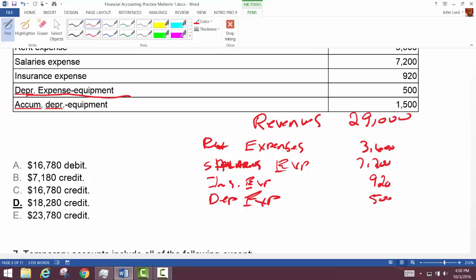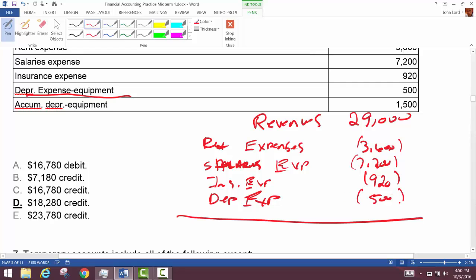So accumulated depreciation is not a part of the closing entry. So when I take 29,000 and I subtract all these, I get 16,780. That is my net income. Okay, so the answer here is 16,780. You don't close accumulated depreciation.